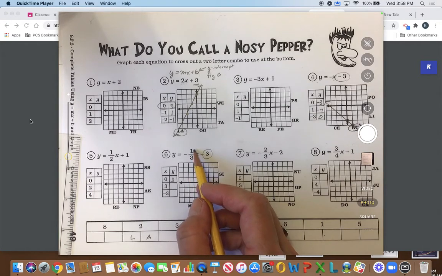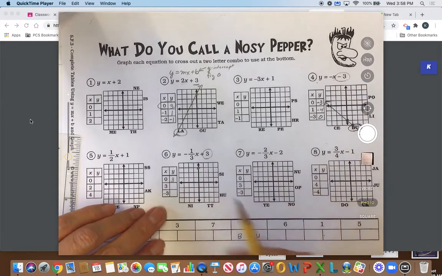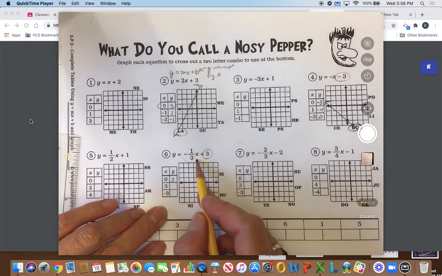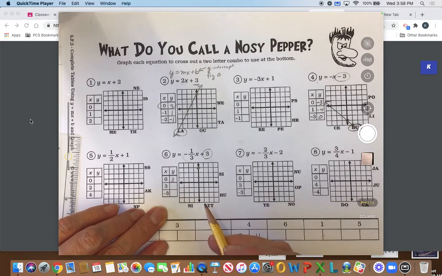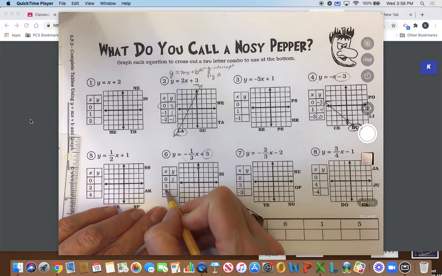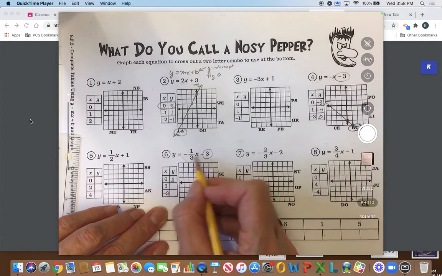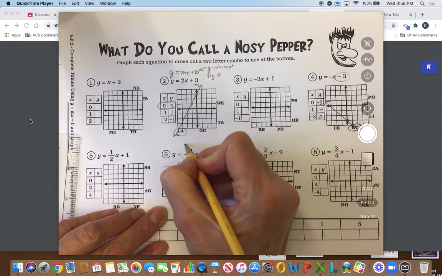fraction, and so the y is on top and the x is on the bottom. This is something we haven't actually learned yet, so I'm just going to go ahead and fill in the table, and we'll plot the points that way. So 3 times negative 1/3, so that would look like this.